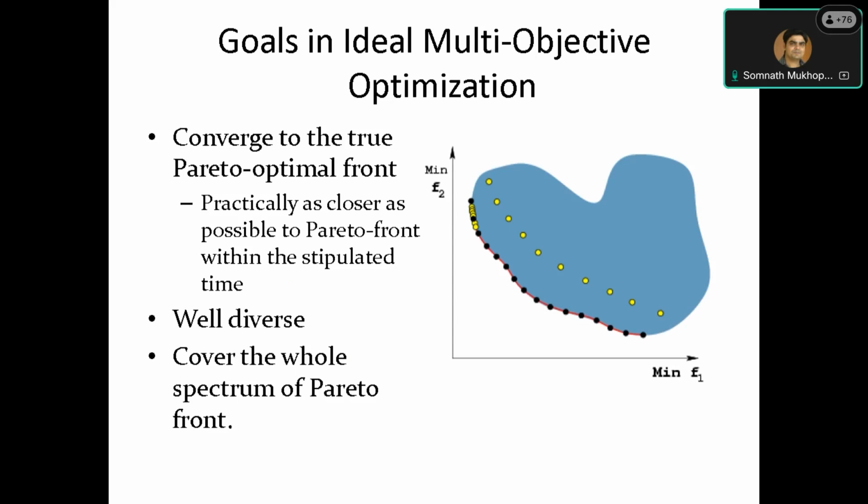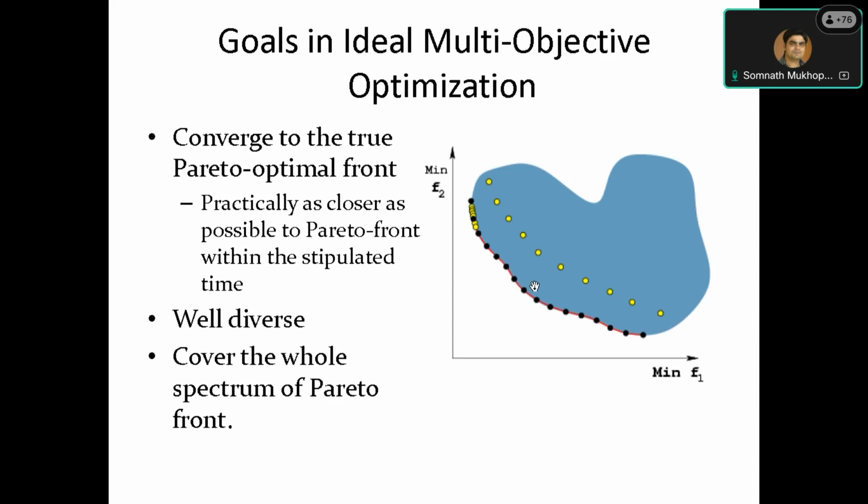We always try to reach as close as possible to it, because by computing power or any algorithm we can only try to reach the best solutions, but mathematically we always have a target to achieve. So convergence to the true Pareto optimal front is our one goal.